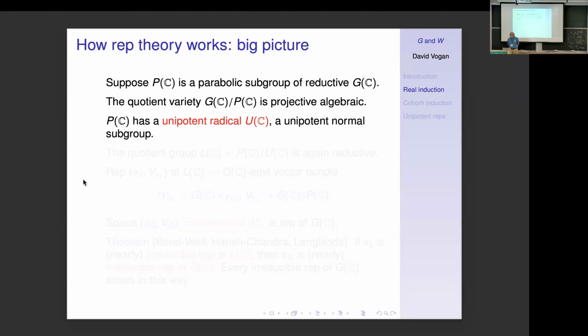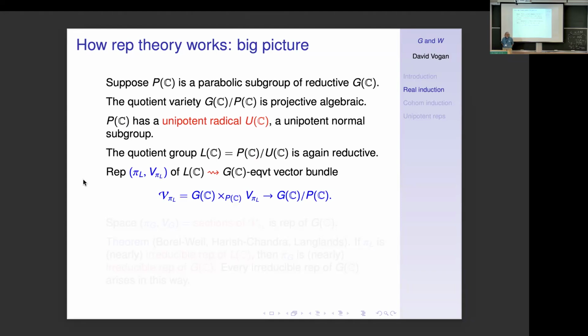This parabolic, like any algebraic group, has a unipotent radical, a unipotent normal subgroup, and the quotient of the parabolic by the unipotent radical is a smaller reductive group, the Levi subgroup.